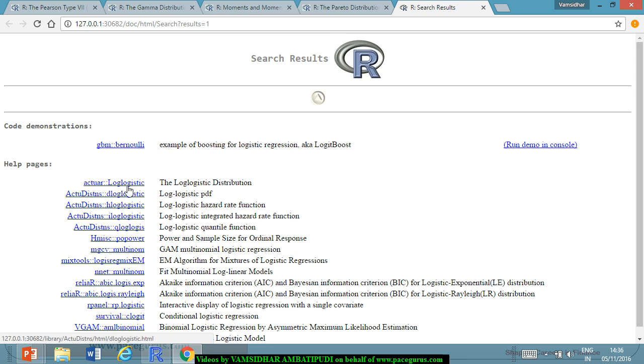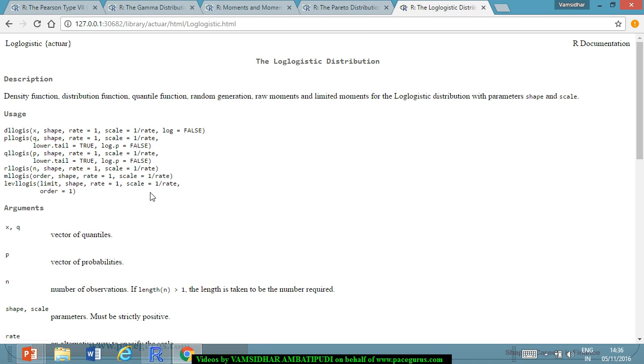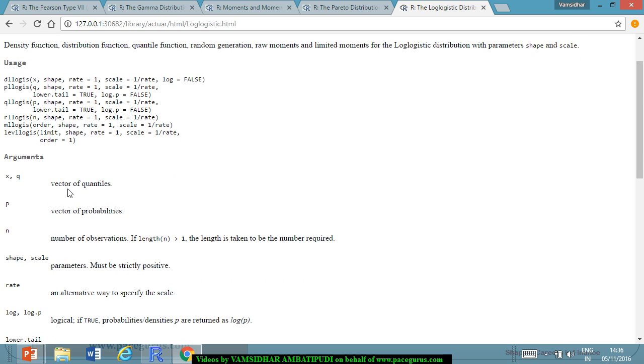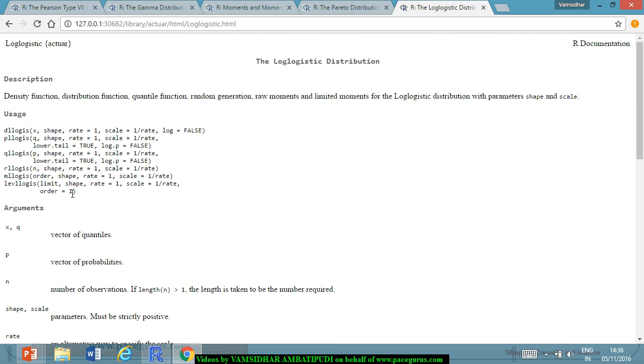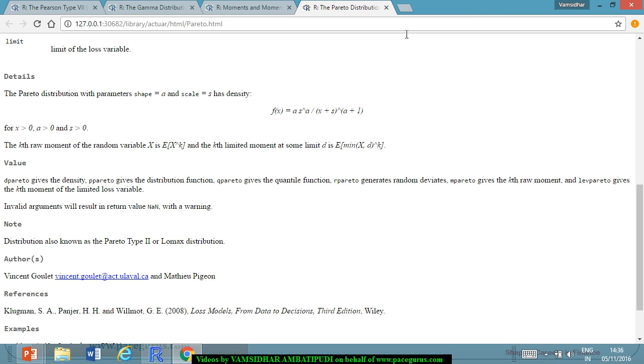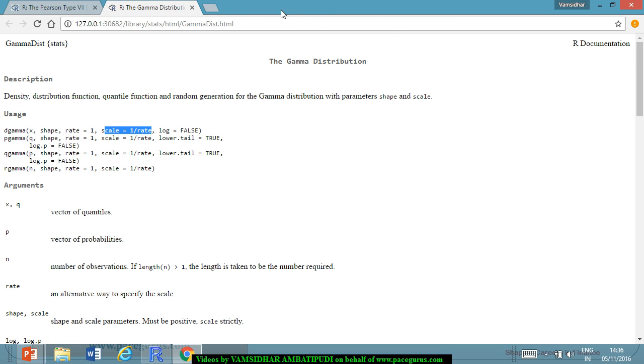So you see here we have log logistic. Again, dllogis. If I'm going with dllogis, I get the log logistic distribution. Again, I have the d prefix, p prefix, q prefix, r, m, and lev. So you could see that almost a big chunk of distributions are defined as a part of this actuar package.